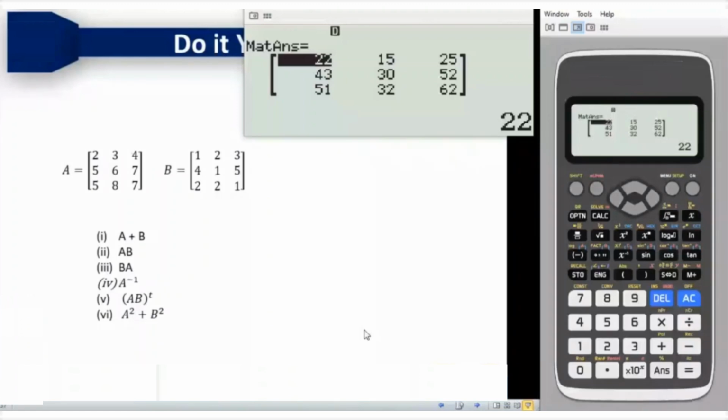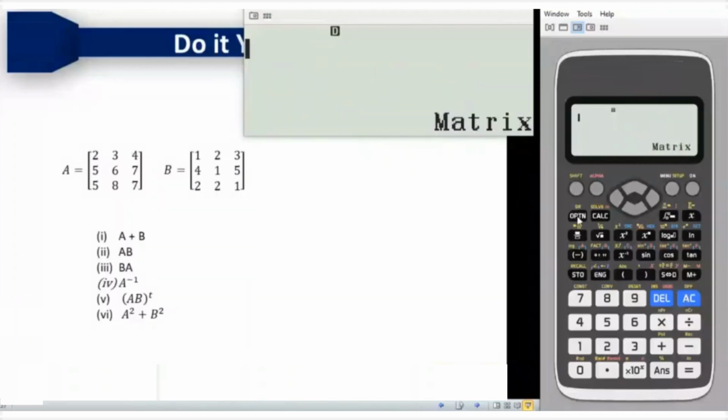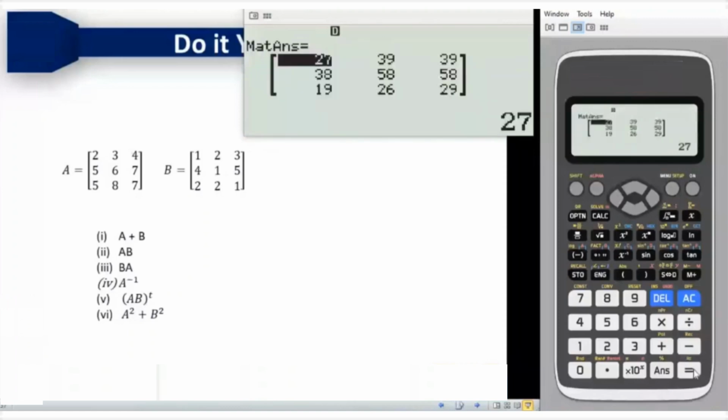The next is BA. Sorry, we will press option 4 multiplied by option 3. B is first and then A. B into A. And the result, which obviously is different, is 27, 39, 39, 38, 58, 58, 19, 26, 29. All right, then there is A inverse.